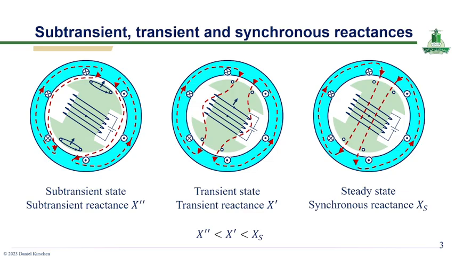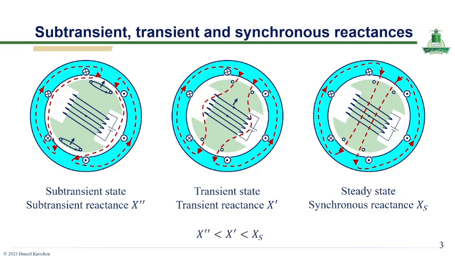This slide illustrates the concept of subtransient, transient, and synchronous reactances in a synchronous generator. It shows how the internal reactance of the machine changes depending on the time period after disturbance.